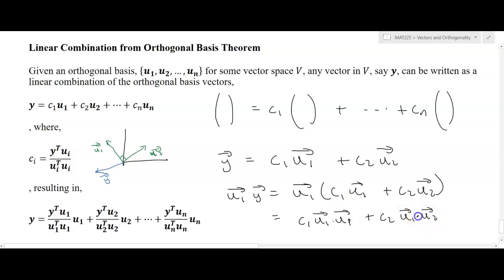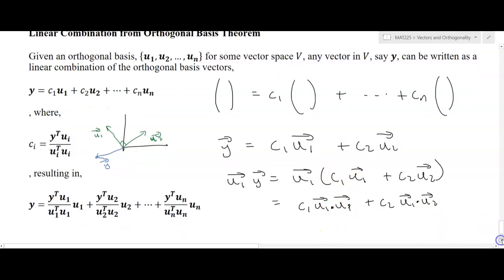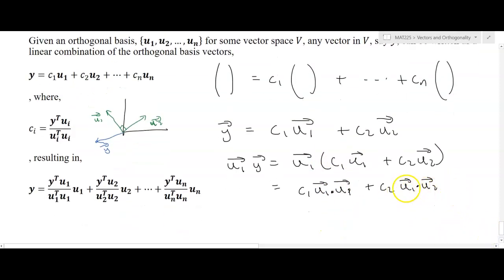And remember, we don't have to do the transpose, which is convenient. We just put the dot in between them. Because u1 and u2 are orthogonal to one another, this term is 0, and so our equation reduces to u1 dotted with y equals c1 u1 dotted with u1.